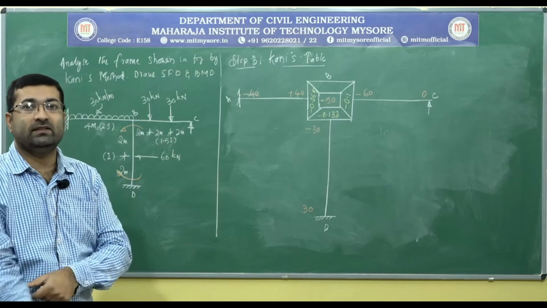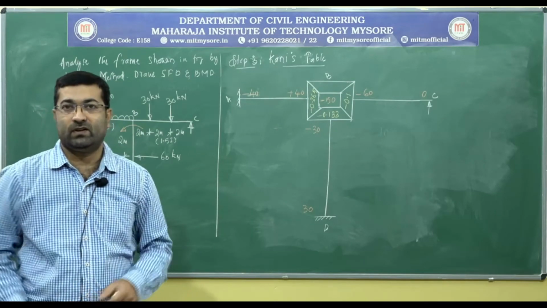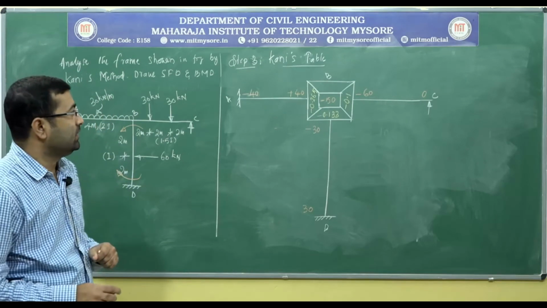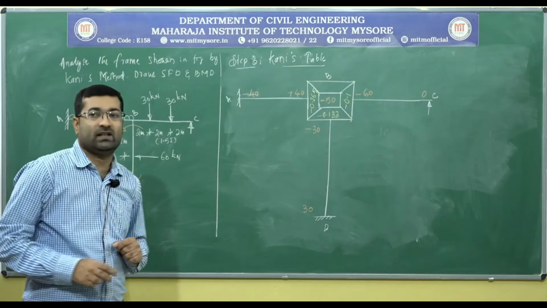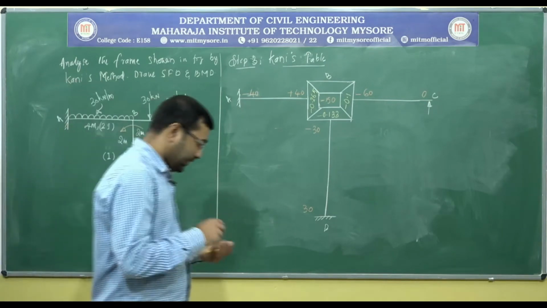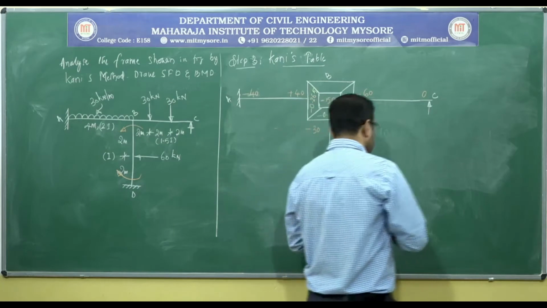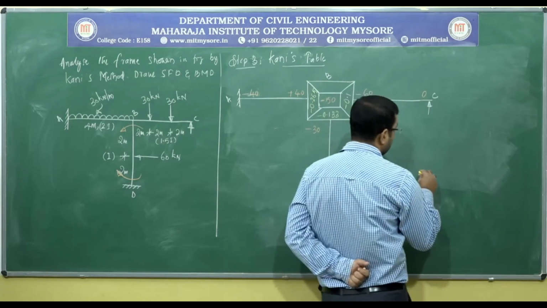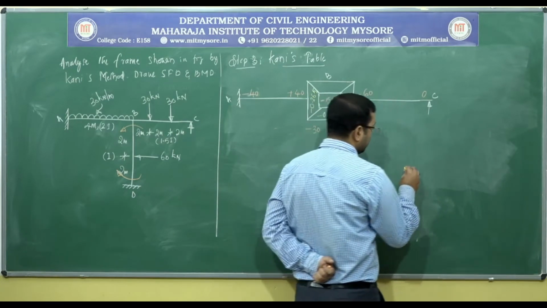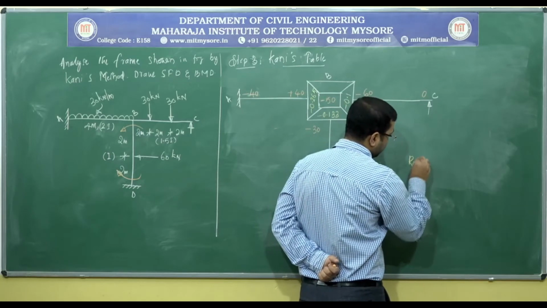So this is the Kani's table. It is ready for the cycle. Now here we need to go for the iterations, right. So here I will write the general formula we are going to use for the calculation of the rotation contributions.